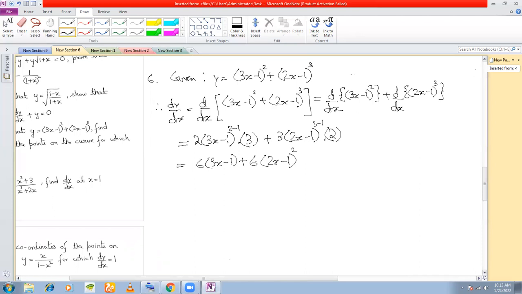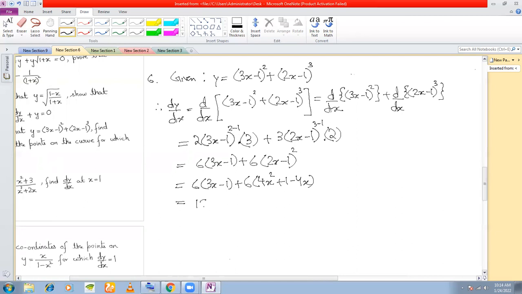Now we want to find out the points for which dy/dx is equal to 0, right? So we simplify this a little. We get 6 into (3x minus 1) plus 6 into, expand this by (a minus b) whole square, you get 4x square plus 1 minus 4x.